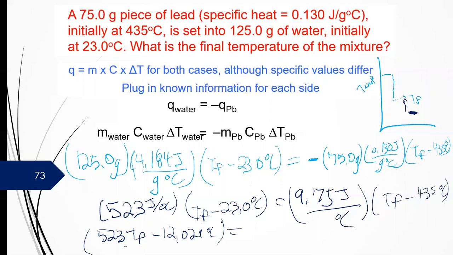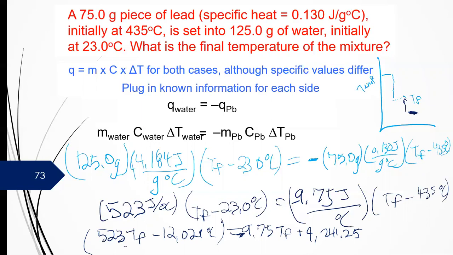On this side, I'm taking that 9.75 times its final temperature minus, so this is really negative 9.75 times 435, which is 4,241.25. That's going to become positive, because we have a negative 9.75 times a negative 435.